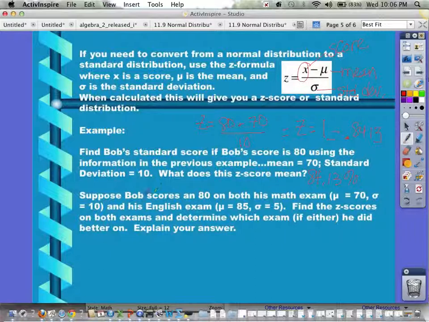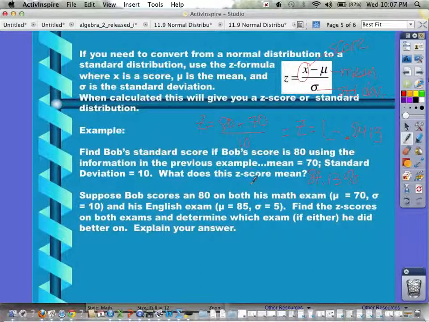All right, so suppose Bob scores 80 on both his math exam and his English exam. But his math exam has a mean of 70 and a standard deviation of 10, where his English exam has a mean of 85 and a standard deviation of 5. Find the Z scores on both exams and determine which one, if either, he did better on, and explain your answer.